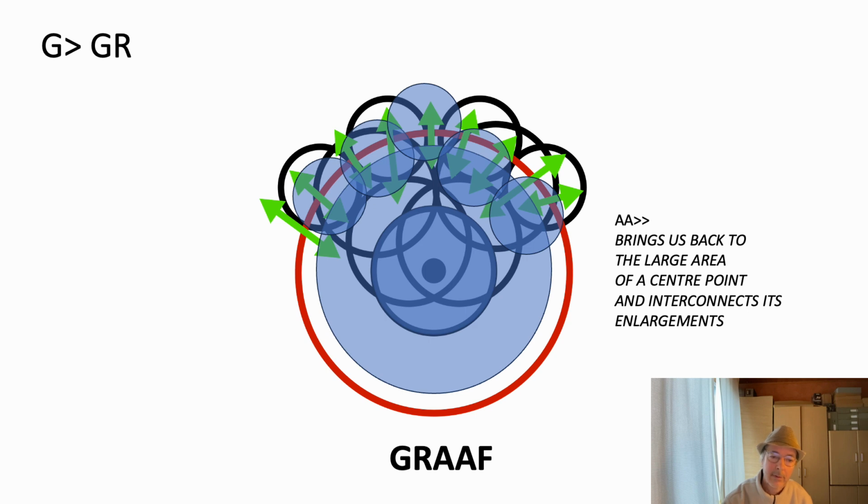There's a word which is GRAAF. The Dutch word GRAAF was the same as grave, but there's also the Dutch word graaf, or count in English, and of course with the larger area of A, we will have to focus on the larger areas of A here. So we start from the middle point, and of course for what is connected.